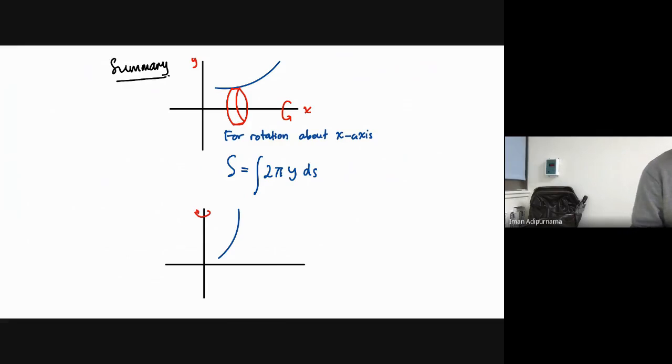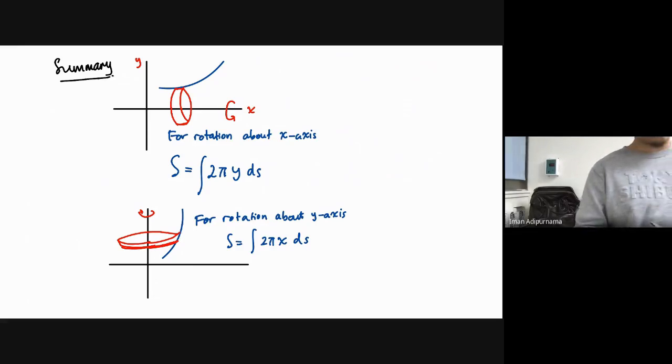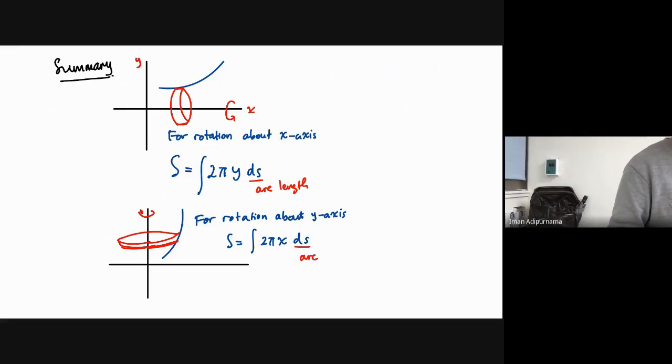If you rotate about the y-axis, then this will be 2 pi x. ds is the arc length, y is the radius, and this is x, the radius.